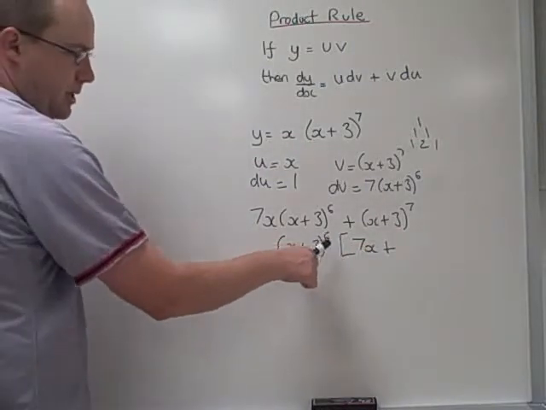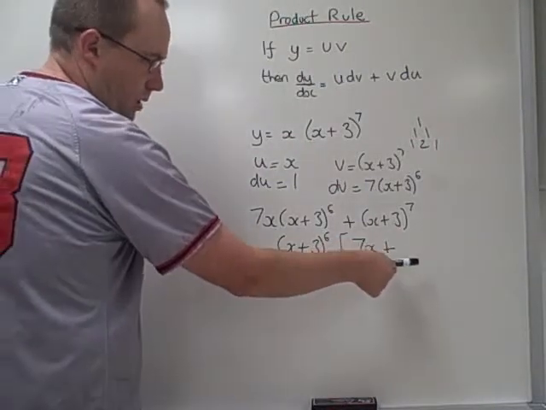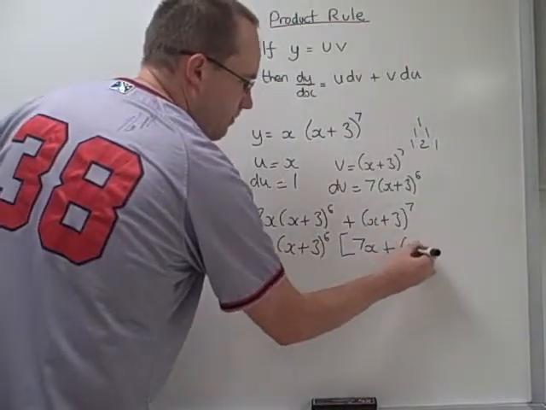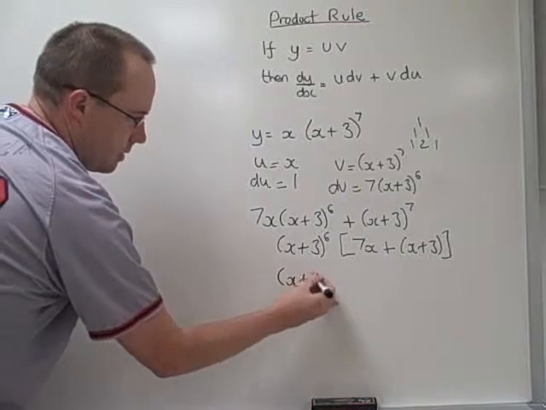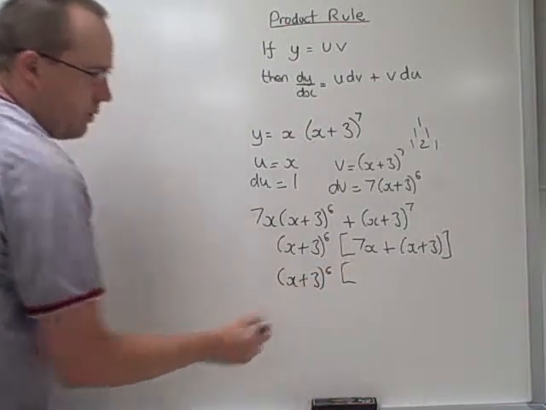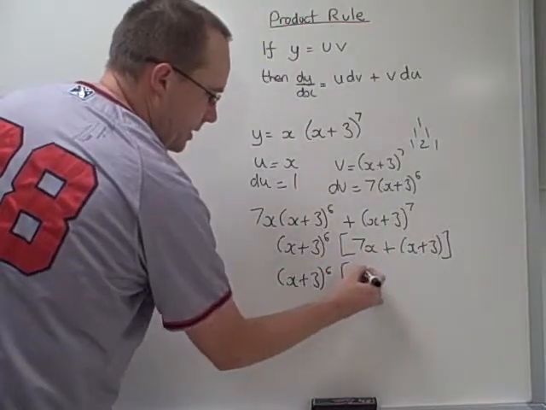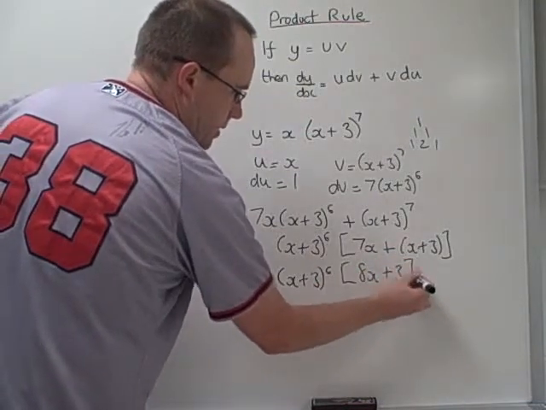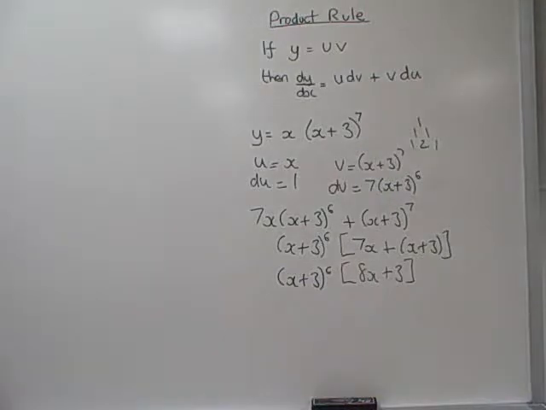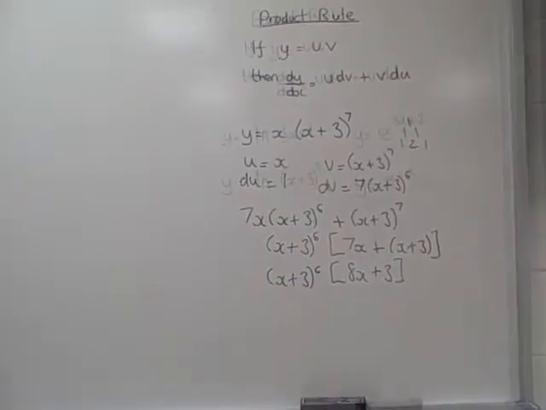And (x plus 3) to the 6 times (x plus 3) to the 1 would give us (x plus 3) to the 7, using our rules of exponents. And then if we simplify what we have inside here, 7x plus x is 8x, plus positive 3 is plus 3. So we can also use the product rule when we're using polynomial expressions too.